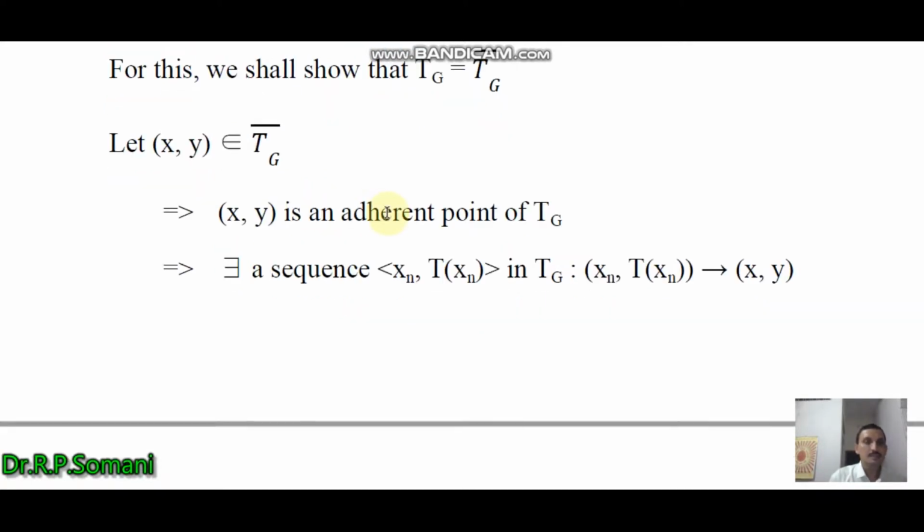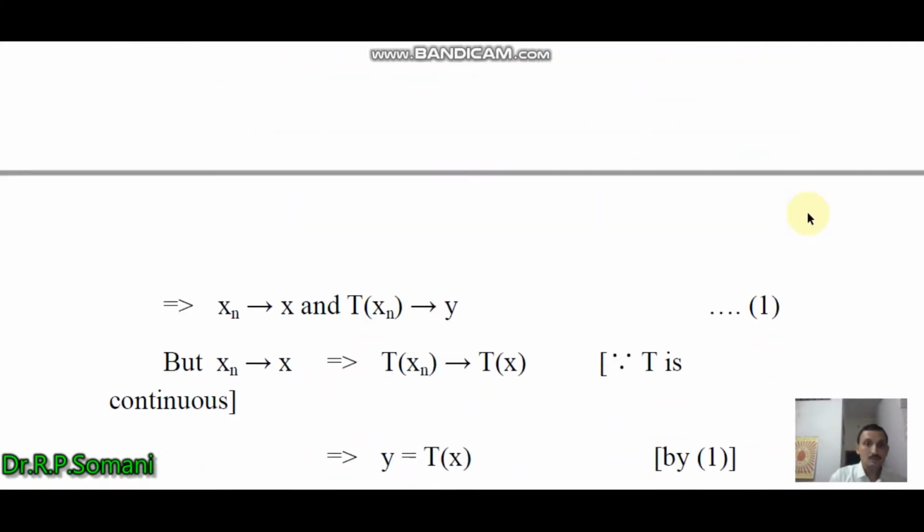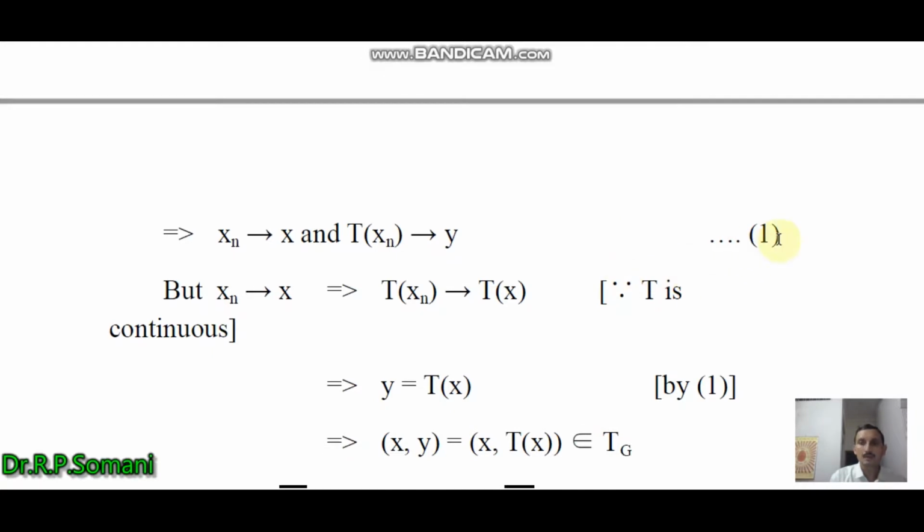Then this implies that (x, y) is an adherent point of Tg. Therefore, there exists a sequence (xn, Txn) in Tg such that (xn, Txn) tends to (x, y). So this implies that xn tends to x and Txn tends to y. We denote this by equation number 1.